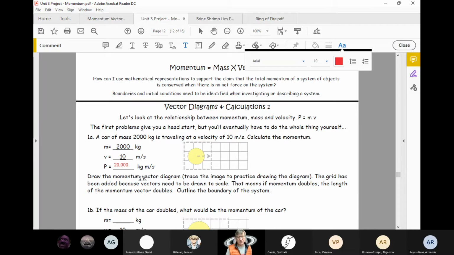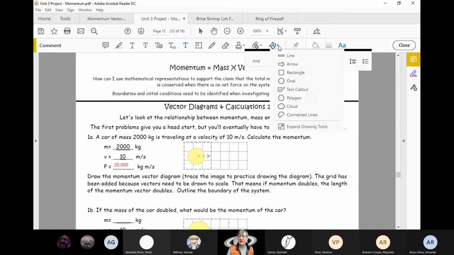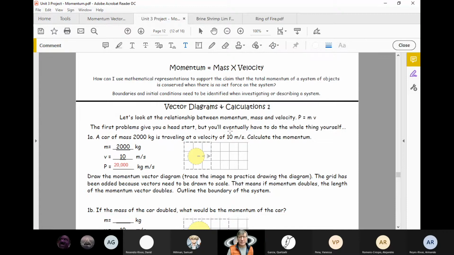Now, next, draw the momentum vector diagram. Trace the image to practice drawing it. So for the first couple, they've given it for you. So I'm going to start by making a circle. This is representing the car, and they are showing the circle of this size. So go ahead and draw over it. You could also use the pencil.